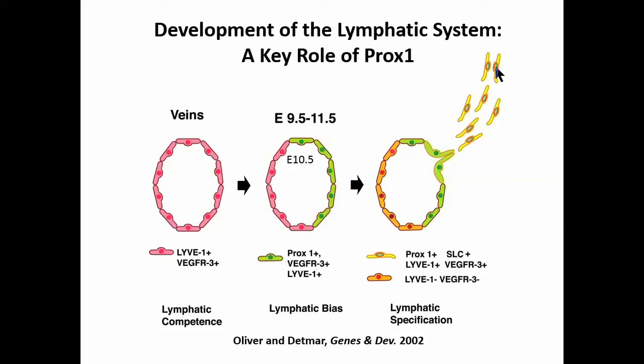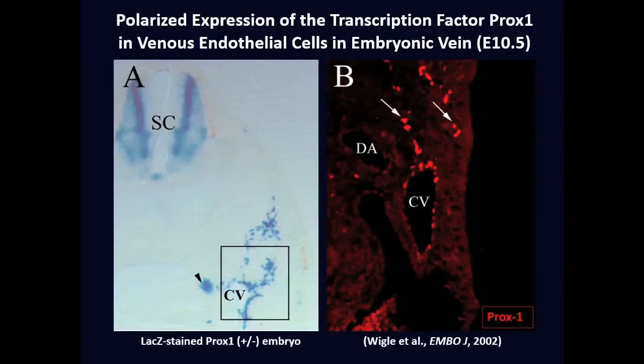And of course, that's where they take off. The PROX1 positive cells take off, and they can go to other sites and set up shop there and make the lymphatic network. This is actual data showing how this idea came about. This is a mouse embryo section.